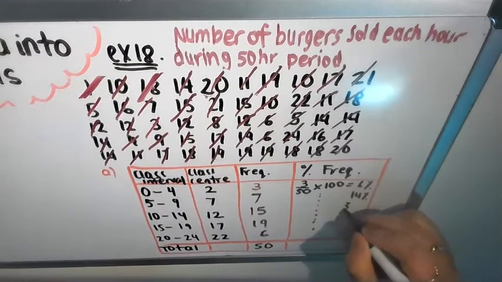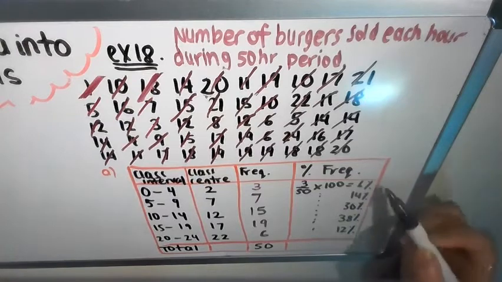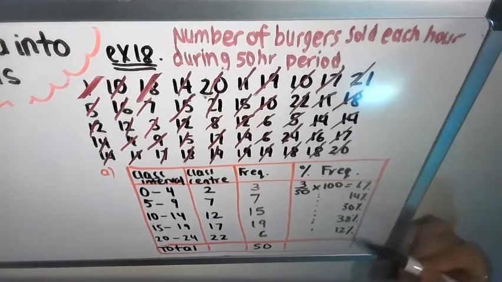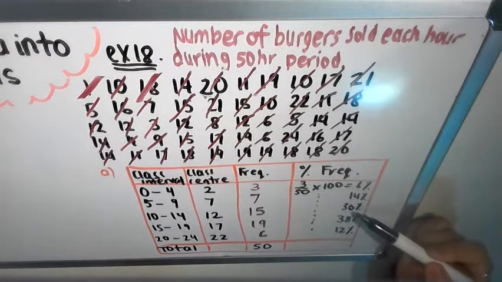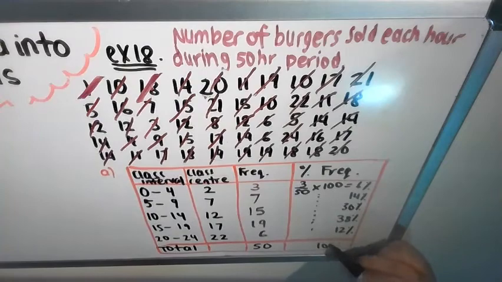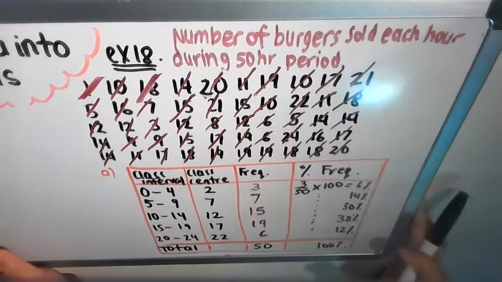This one is 30%, this one is 38%, and this one is 12%. Add them up to make sure they add up to 100. So 6 plus 14 is 20, 20 that's 50, 50 plus 50 is 100. All right, that's it. And that is our frequency table.